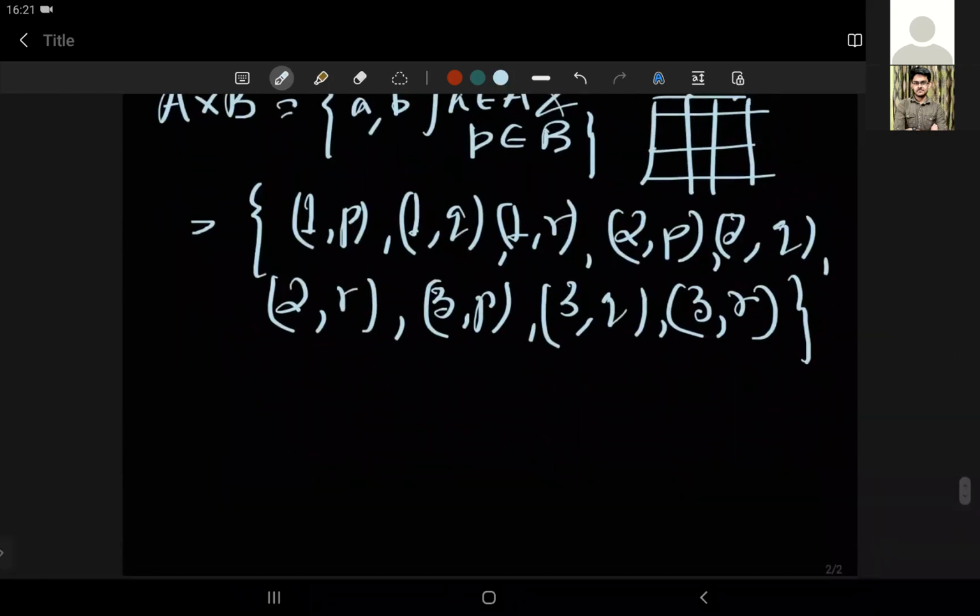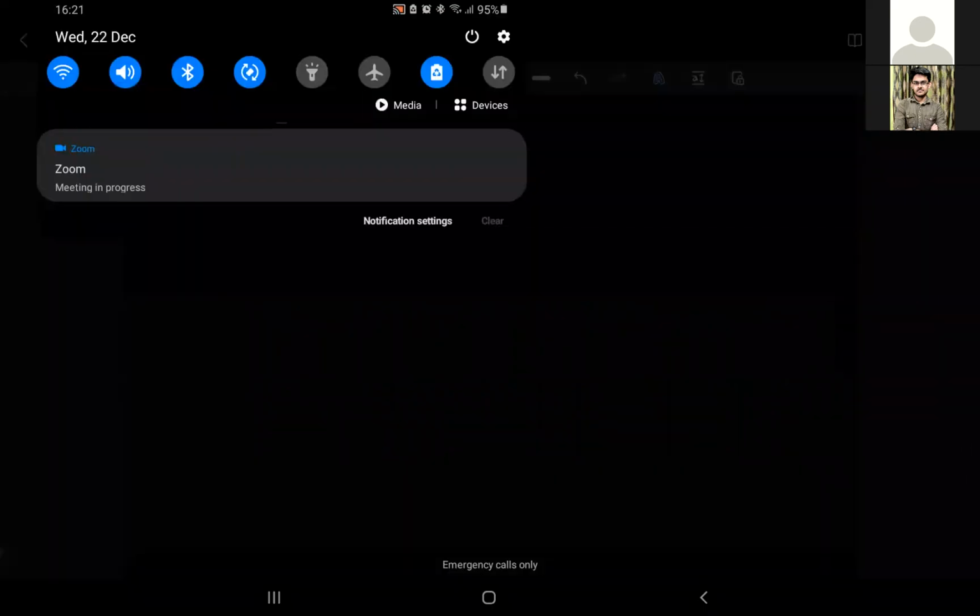Now, after doing this, we come to the definition. That means the cardinal number of A cross B will be the product of the cardinal number of A and the cardinal number of B? Exactly, Na into Nb. Okay, sir. So write it over here as a point only.